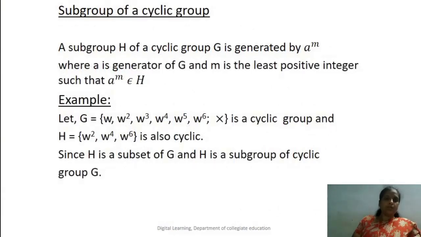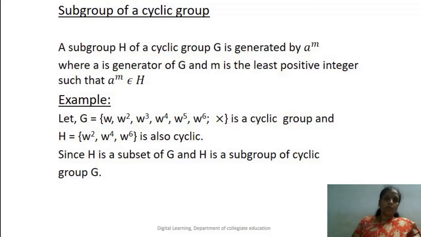Next, go for subgroup of a cyclic group. A subgroup H of a cyclic group G is generated by A power m, where A is the generator of G and m is the least positive integer such that A power m belongs to H. See, the cyclic group is denoted by G here.